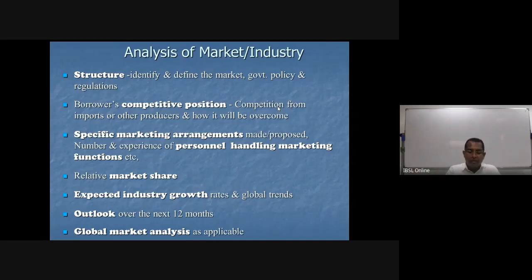Who is handling the marketing function? What is the market share of this business? Expected industrial growth during the short term and the long term. Very short term, 12 months: what will happen in the next 12 months? Global market trend.